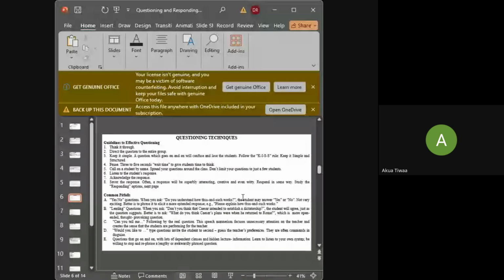Then we have reflective or thought questions. Reflective questions are those that are open-ended and require higher level thought processes.